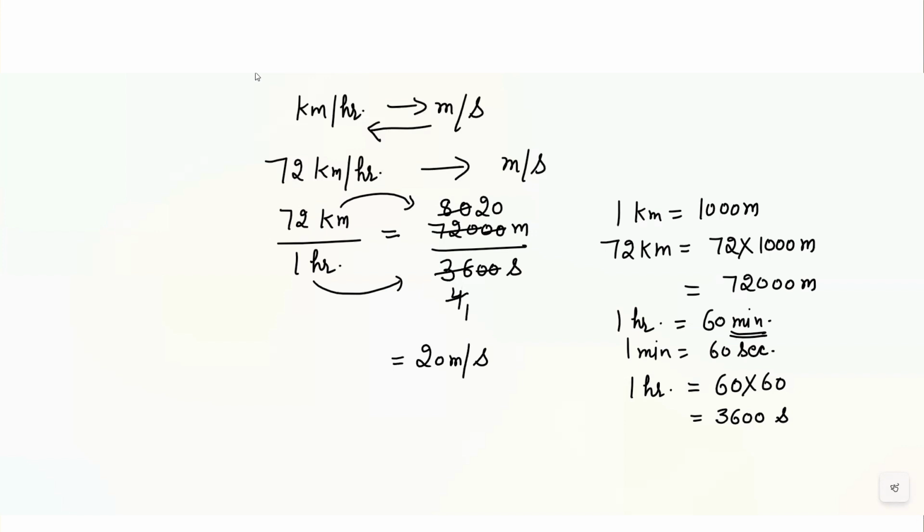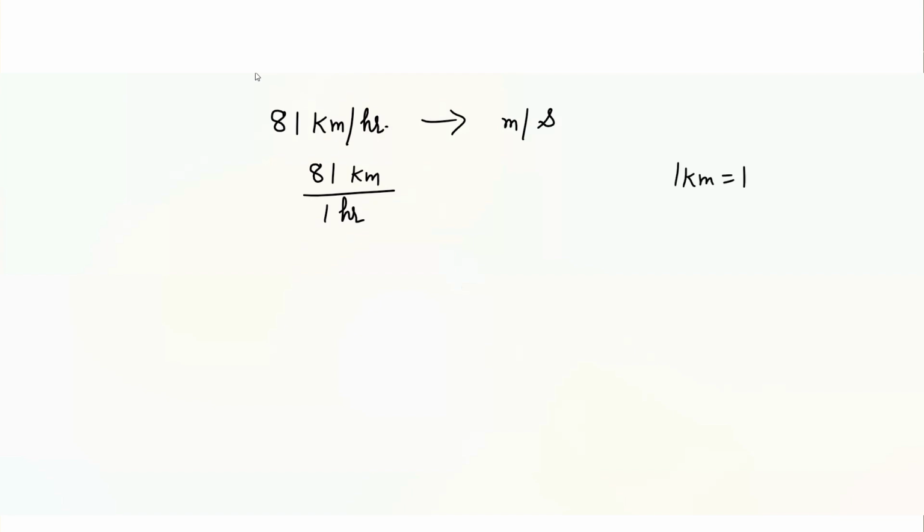Now let's take the similar example. 81 kilometer per hour into meter per second. So we have to do the same. 81 kilometer per hour can be written as 81 kilometer in 1 hour. So we already know that 1 kilometer is equals to 1000 meter.